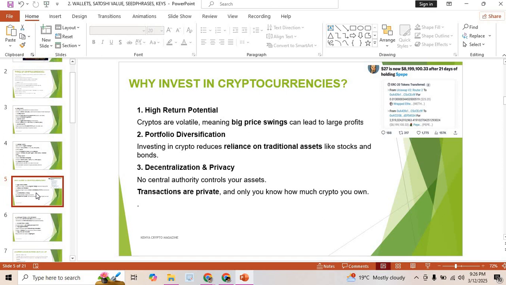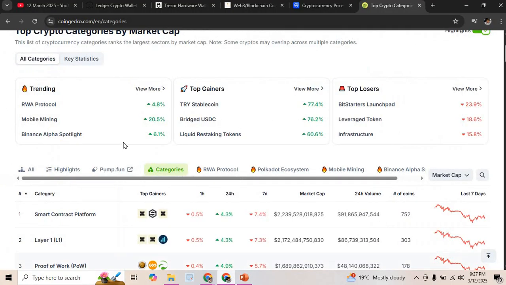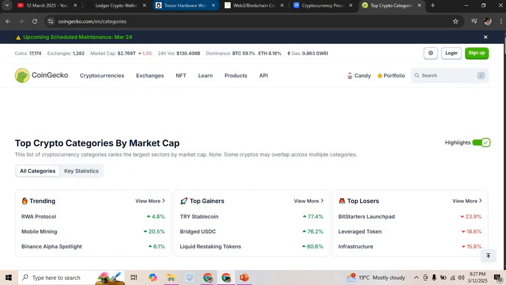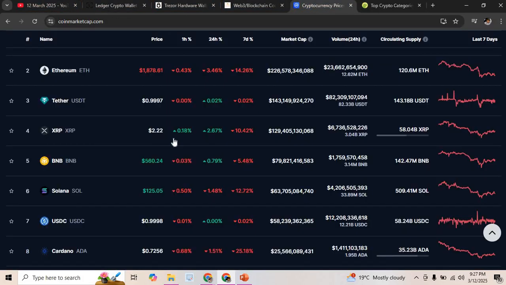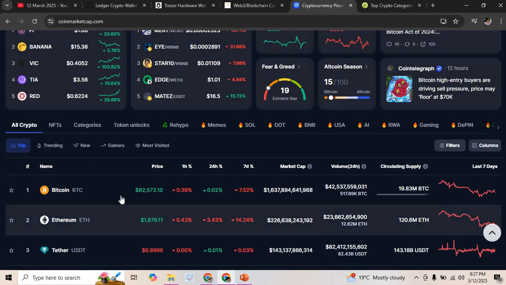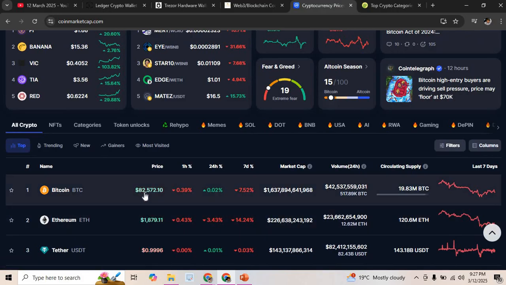So let's go to why you should invest in cryptocurrencies. Number one, we have high return potential. Like we've seen, cryptos are very volatile, meaning big price swings can lead to large profits. For example, in January 2023, Bitcoin was 20K dollars. But right now, only 2 years down the line, Bitcoin is around $82,000.